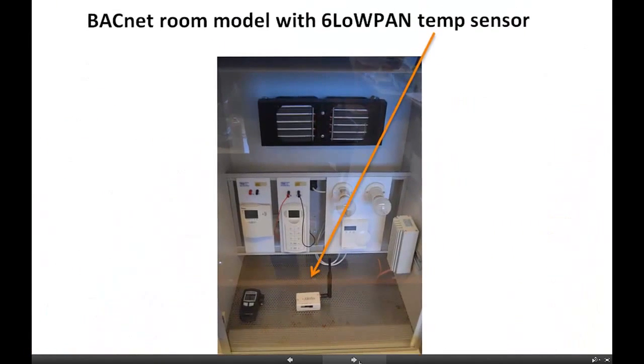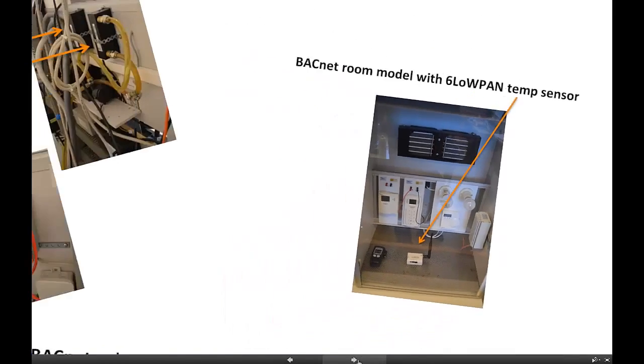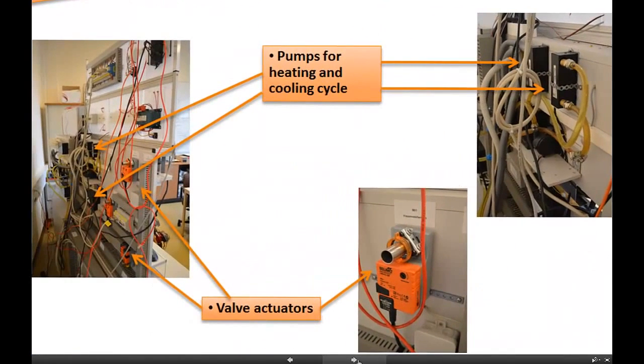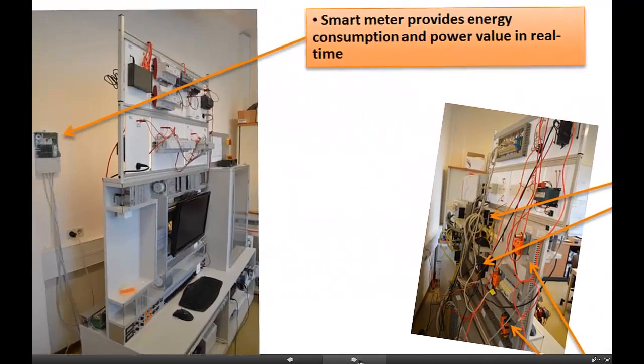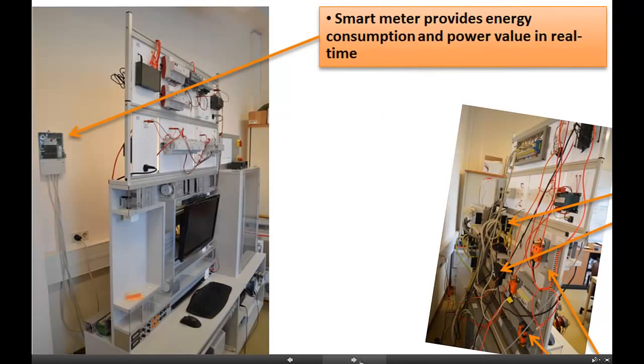And we combine it with new Internet of Things smart objects like a 6LoWPAN temperature sensor that can be used to measure the current temperature. And all the devices you can see are accessible through IoTSyS with this IPv6 address for each device, and also the web service based interaction interface.